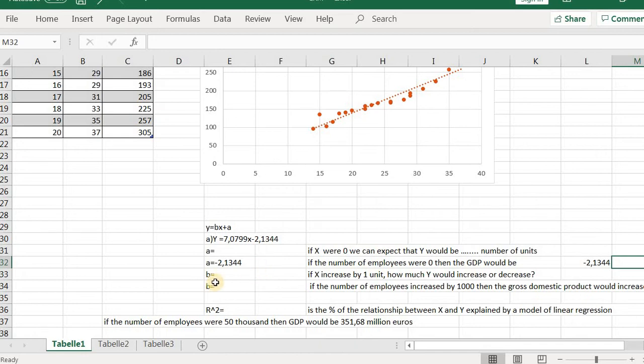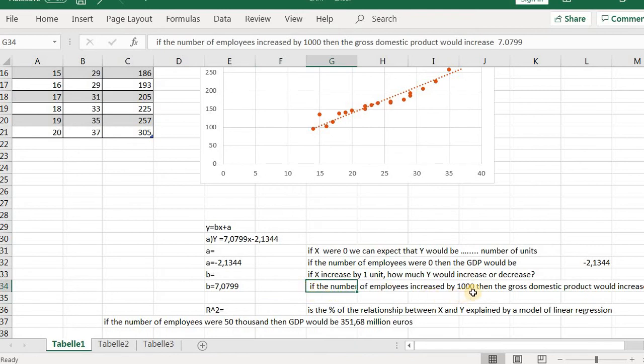We can go now to parameter B. In your books you can see this is the explanation of parameter B: if X increased by 1 unit, how much Y would increase or decrease. In our case, when we see our formula here, our equation, we can see that B is this number here. So we can type it: 0.7 (0.799). Okay. And if we put instead of X the number of employees and instead of Y GDP, we have our explanation here.